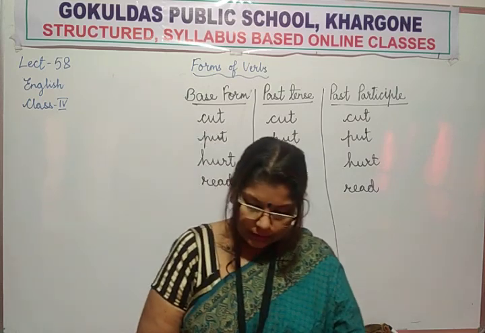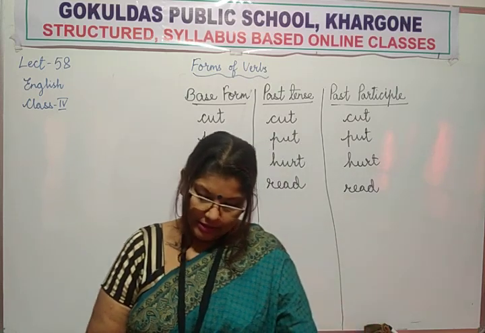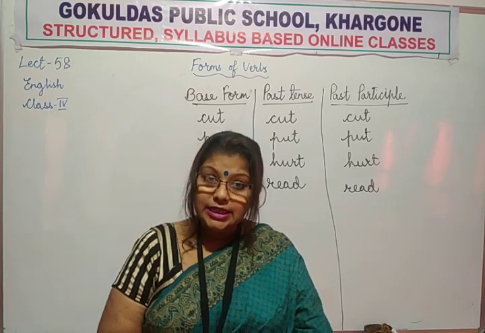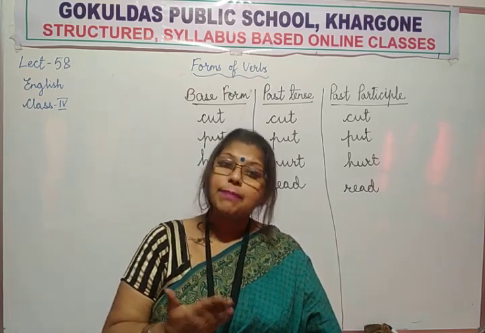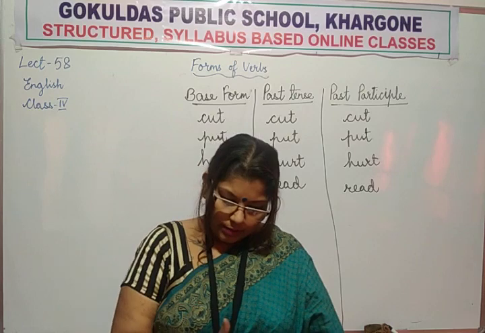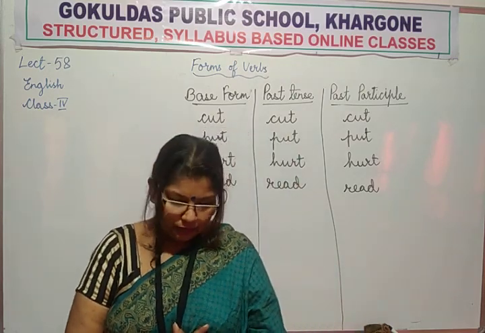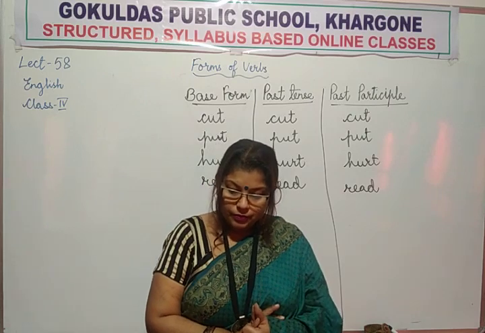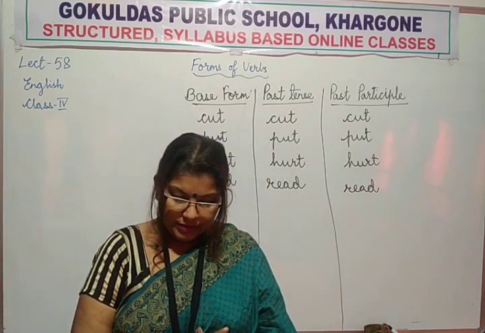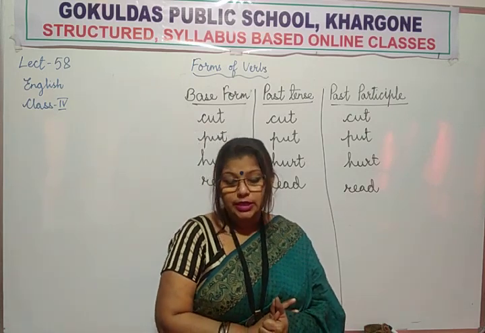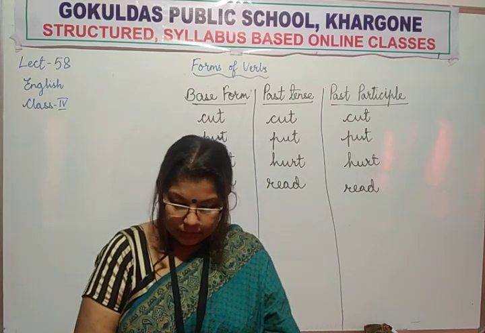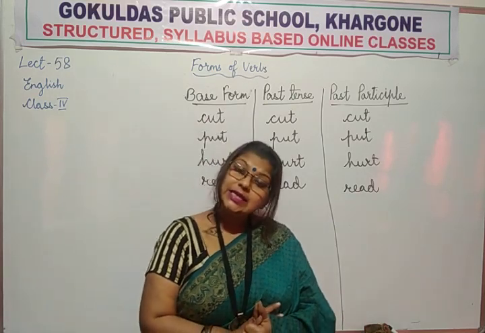Let's check out. Beat, beat, beaten. Now here, it's a little different. The base form and the past tense is same. Beat, beat, and the past participle is different. Beaten. Become, became, become. See? Become is the base word. Became is the past tense.